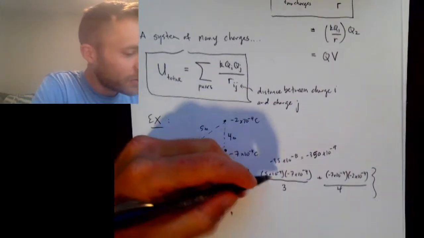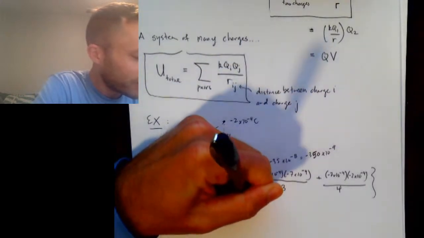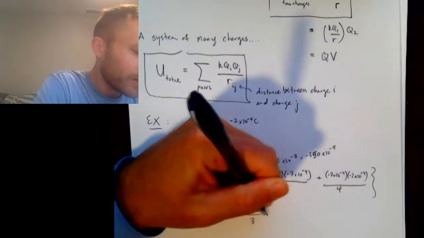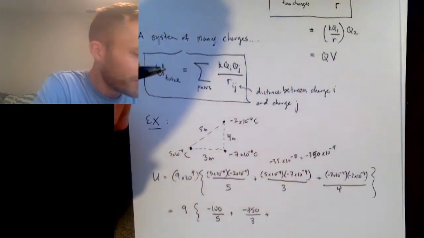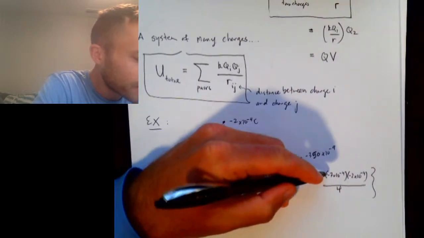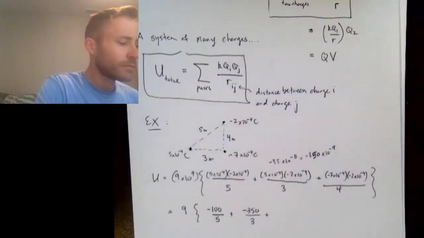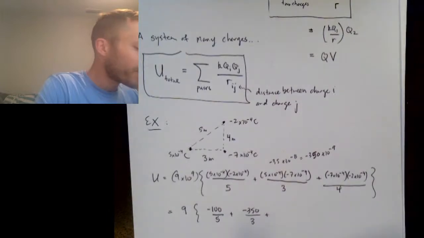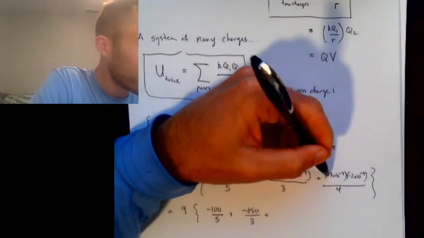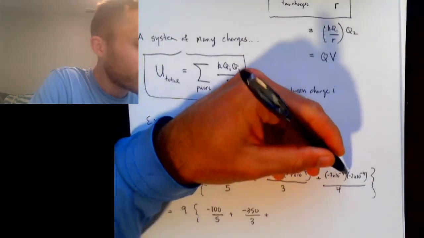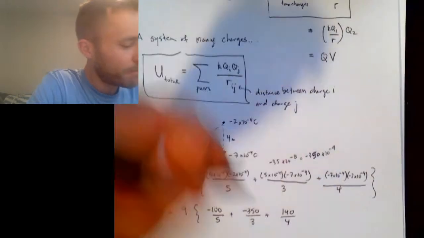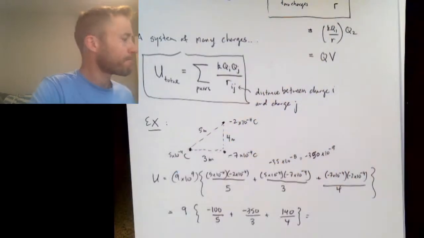Okay, so here I have minus 350 over 3, and then here I have plus, let's see, so that's going to be 14 and then 140 over 4, like that.